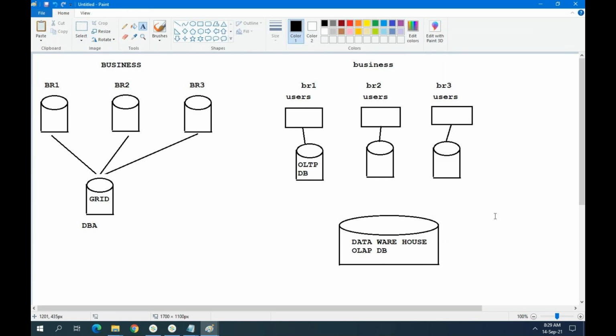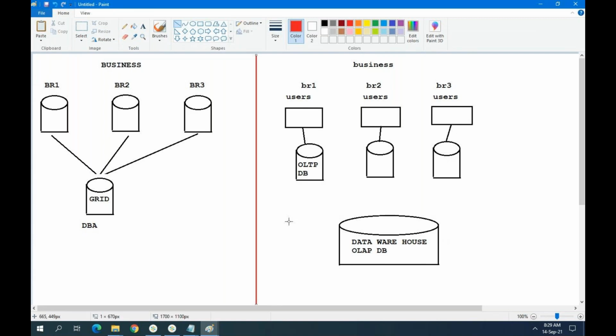Why are we learning this diagram, guys? Because I want to explain what Oracle 11g is. You can use the 11g database server as an OLTP database as well as an OLAP database.